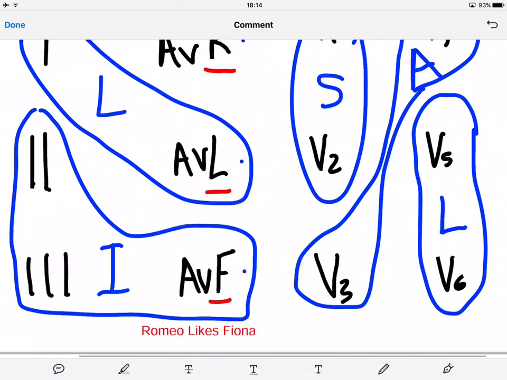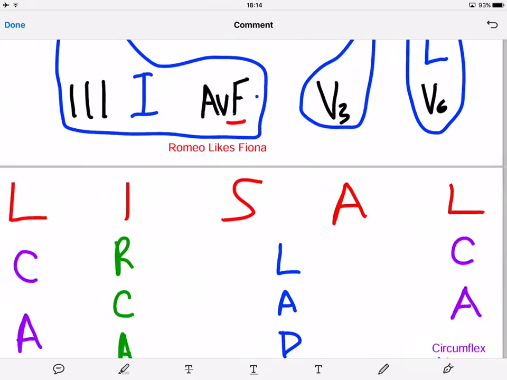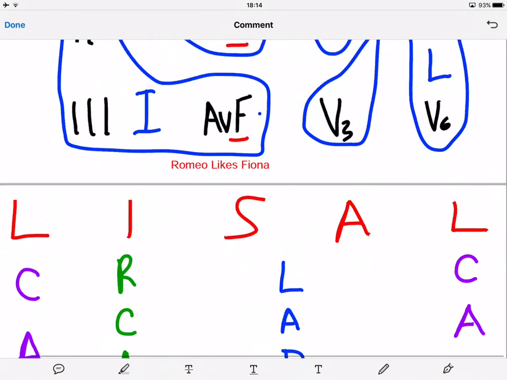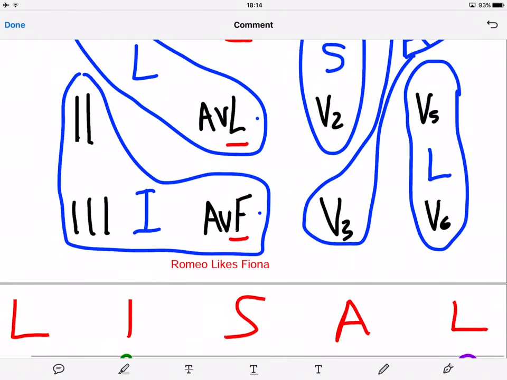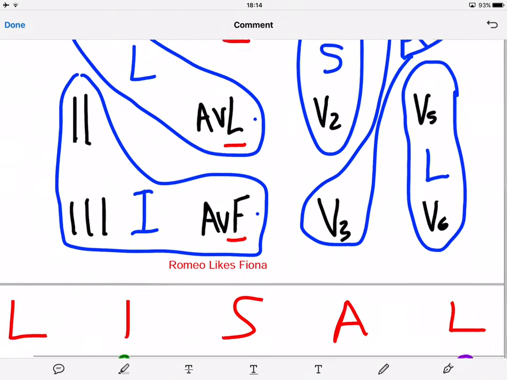Okay, now on to which coronary arteries are affected. Another little mnemonic that I use is Lysol, or maybe it's Lisol. So Lisa from Simpsons, the L is just on the end. I can't really think of anything else, but this is quite easy.